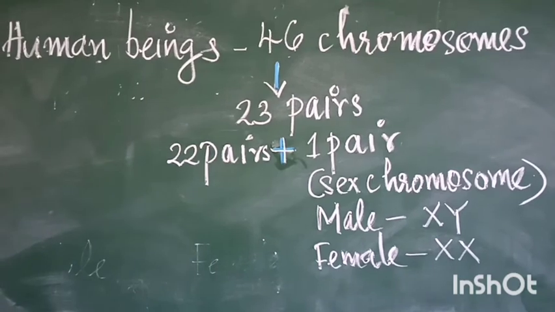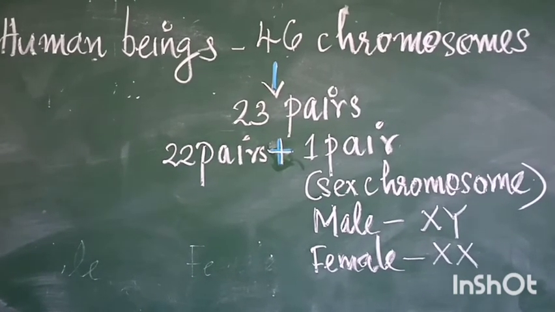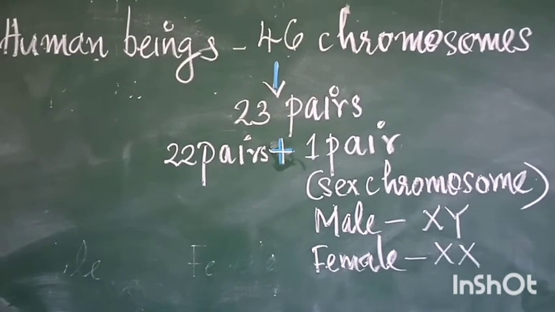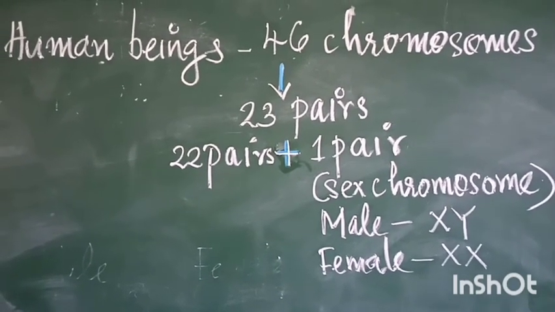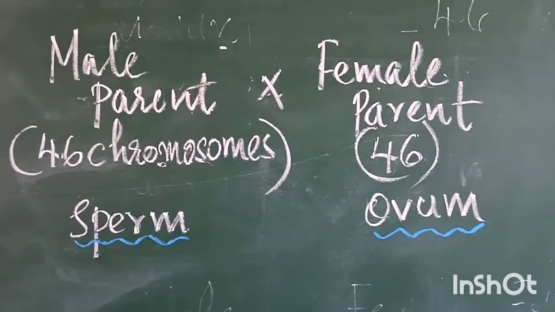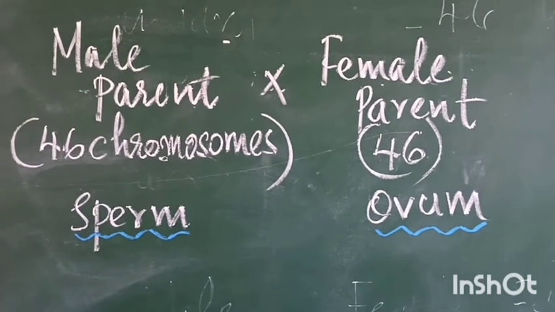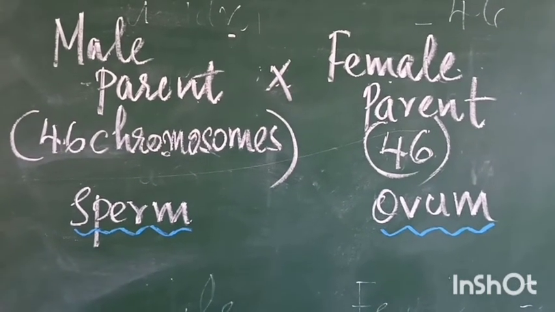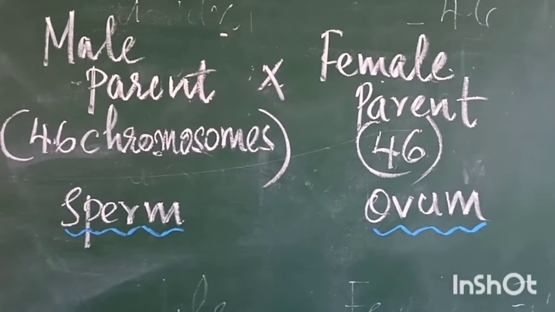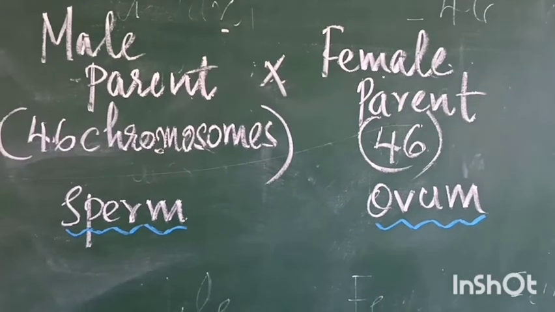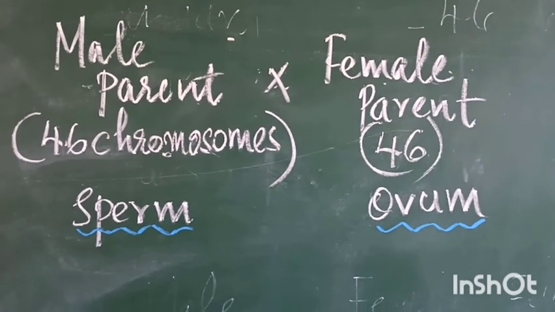So in male, XY is the sex chromosome and in female, XX is the sex chromosome. So each cell of the male parent's body contains 46 chromosomes. Likewise, the female parent also has 46 chromosomes in their cells.